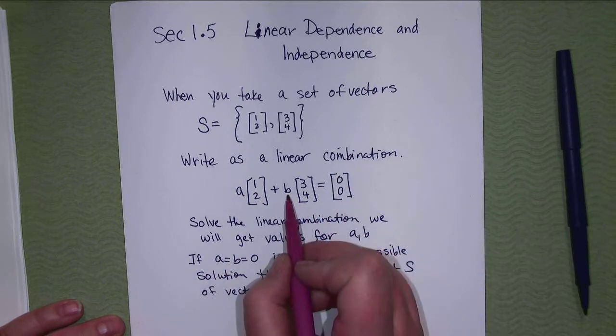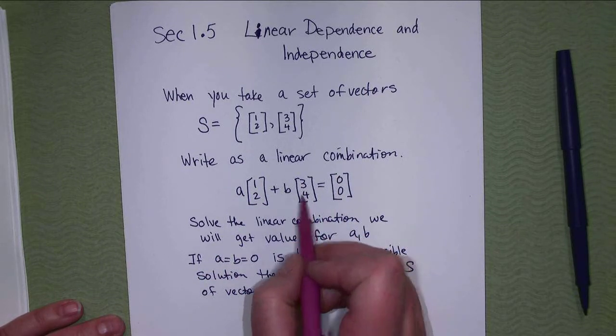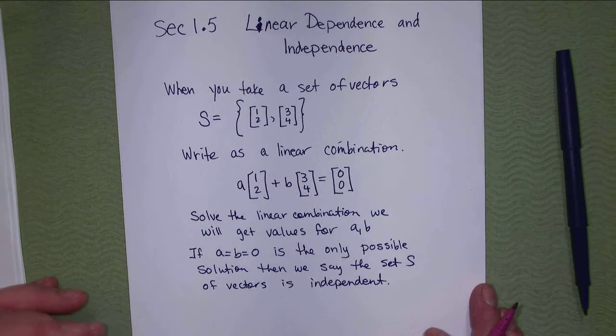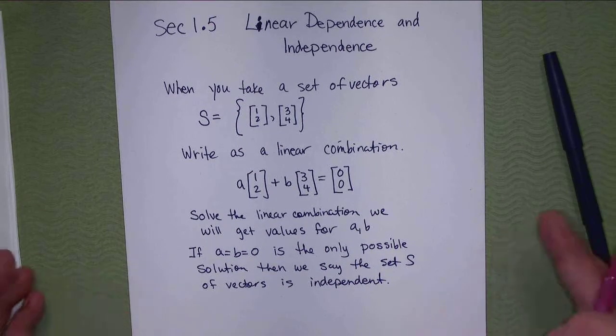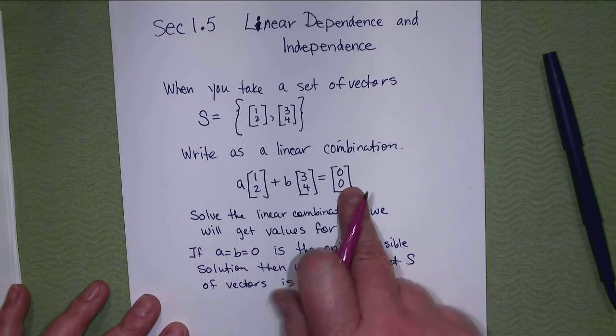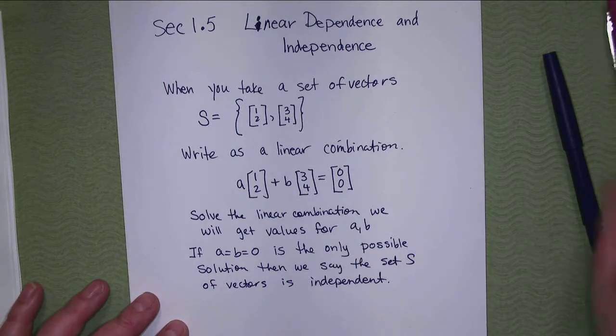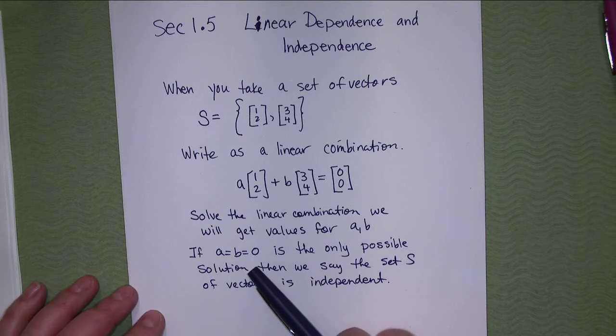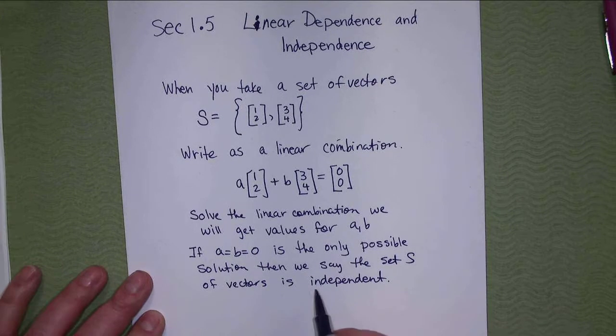And then if you put 0 here, you'd multiply and get 0, 0, right? So that's just one possible solution. There might be more solutions, numbers that we could put for A and B that when we add these together, we'll get 0, but we don't know that. But if the only solution, we're going to figure that out after, if the only solution is 0, 0, then the set of vectors is independent.